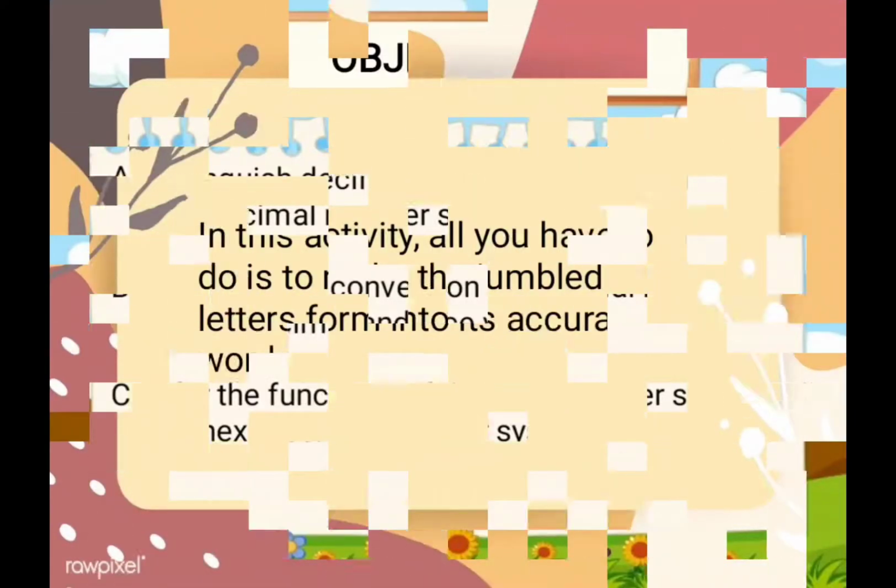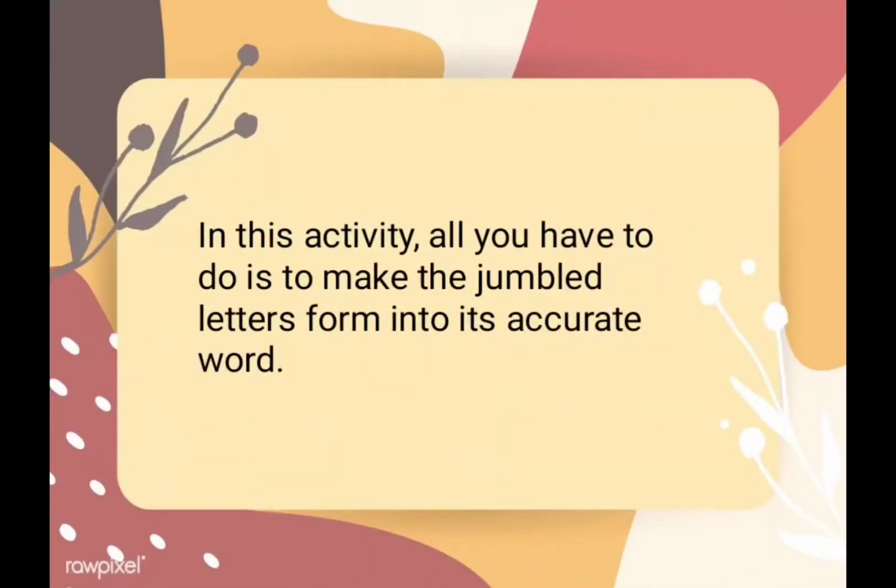So for your first activity, all you have to do is to make the jumbled letters form into its accurate word or words. I'll be giving you jumbled letters and you have to arrange them into their exact word or words.